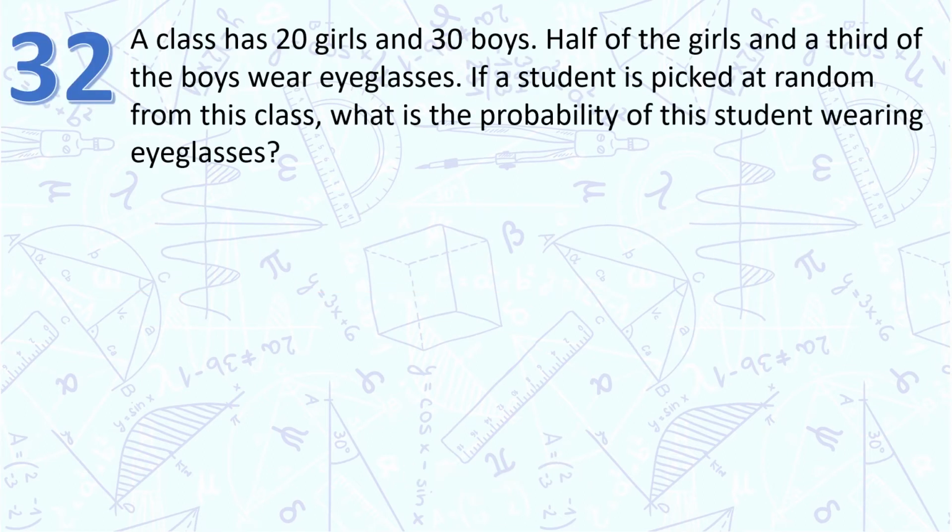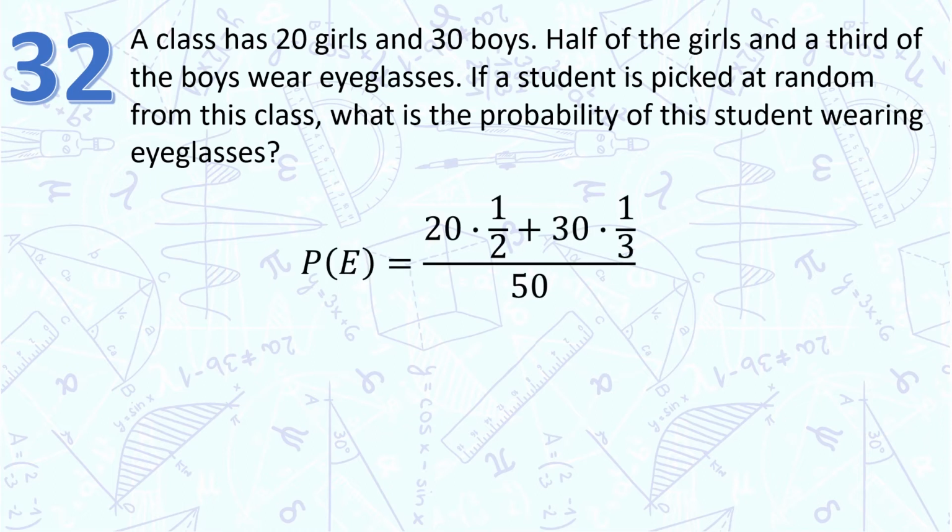Next, a class has 20 girls and 30 boys. Half of the girls and a third of the boys wear eyeglasses. If a student is picked at random from this class, what is the probability of this student wearing eyeglasses? So let E be the event that a student picked at random wears eyeglasses.